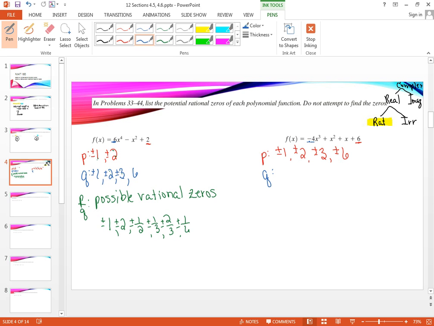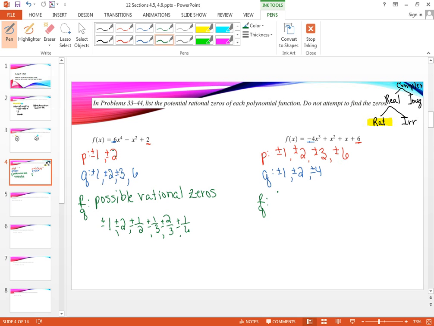So for 4, we've got 1 and 4, 2 and 2. And again, that whole plus or minus thing. Here thinking a +1, a -4, a -1, a +4, but it still ends up being the same kind of list. Then the P's over Q's are the possible rational zeros.